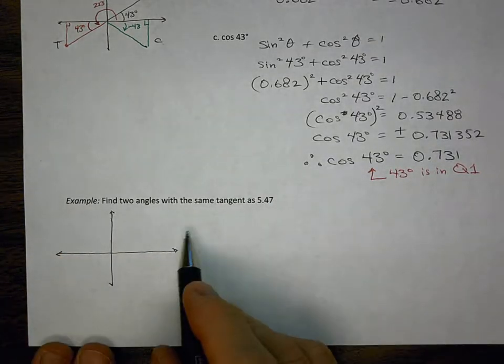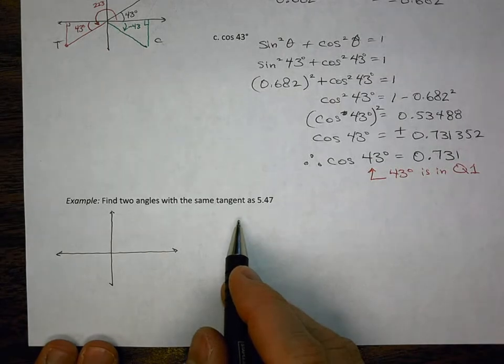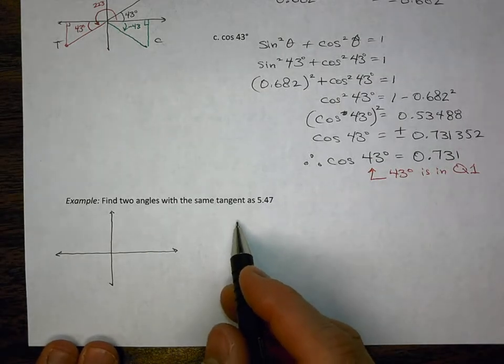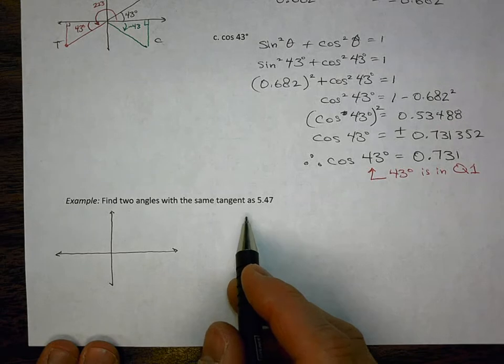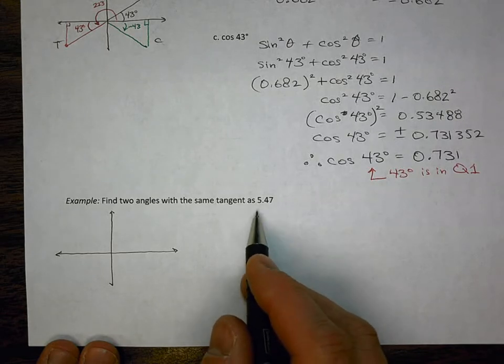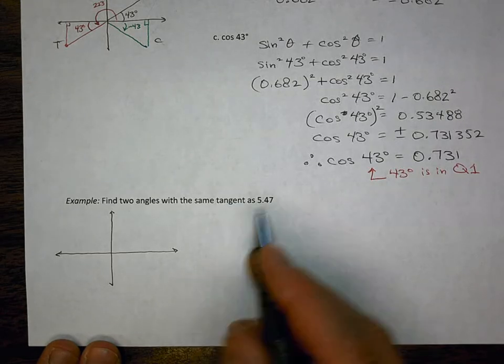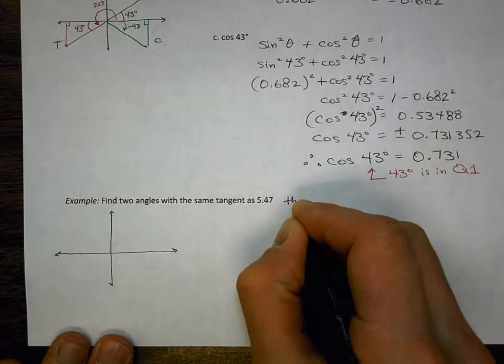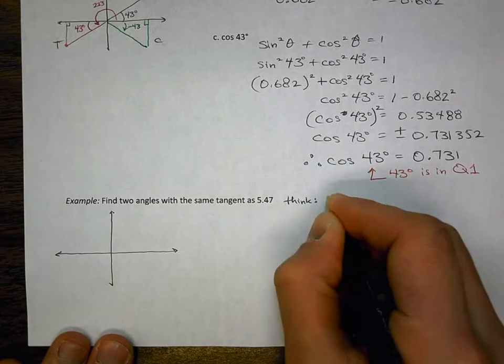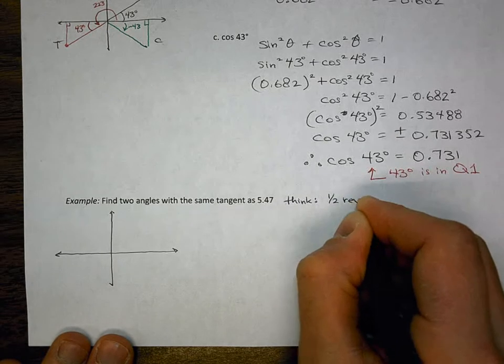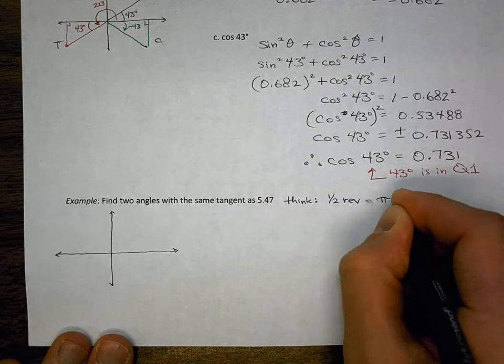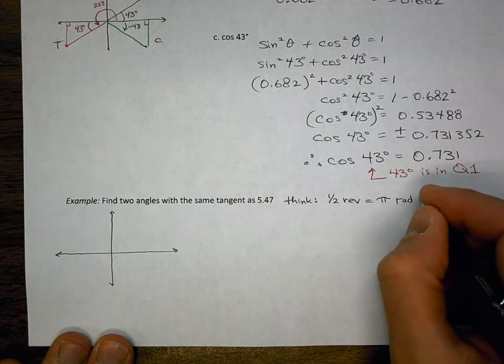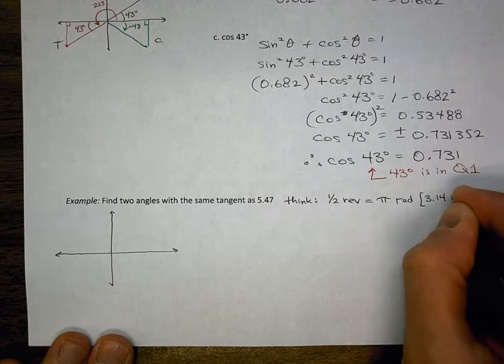So we have 5.47. So what angle is that? Well, we know it's in radians. Think about it for a second. Half a revolution is equal to pi rads. That is 3.14 rads.